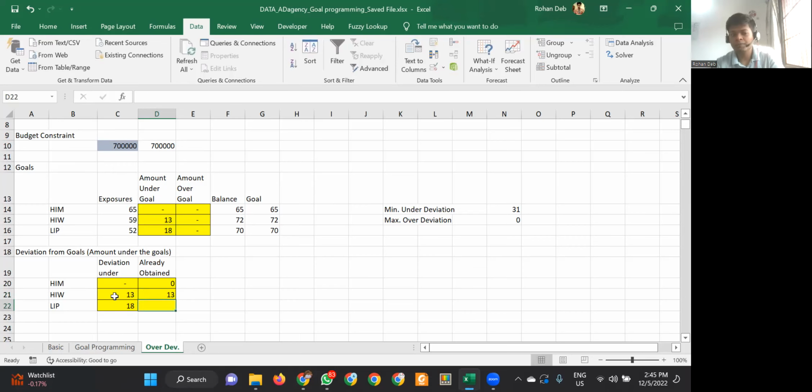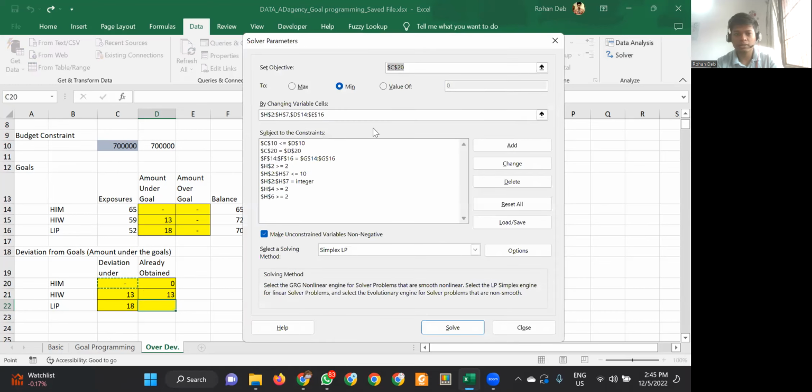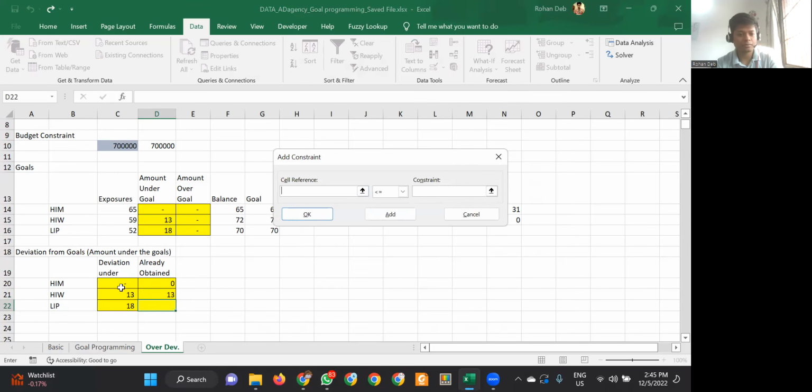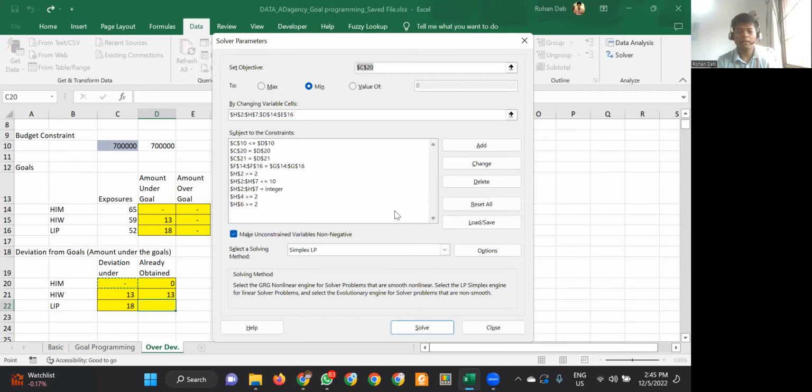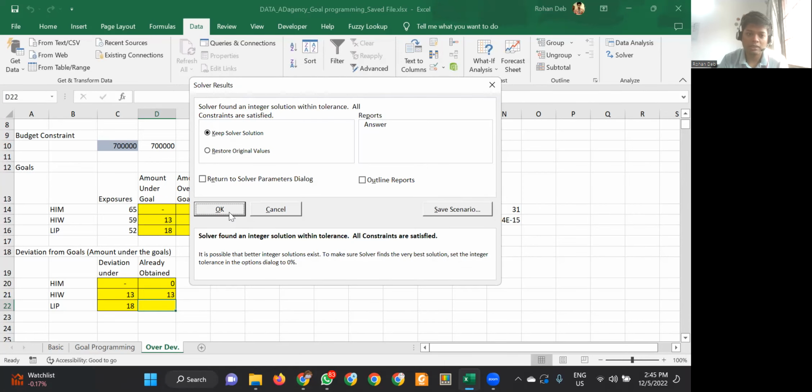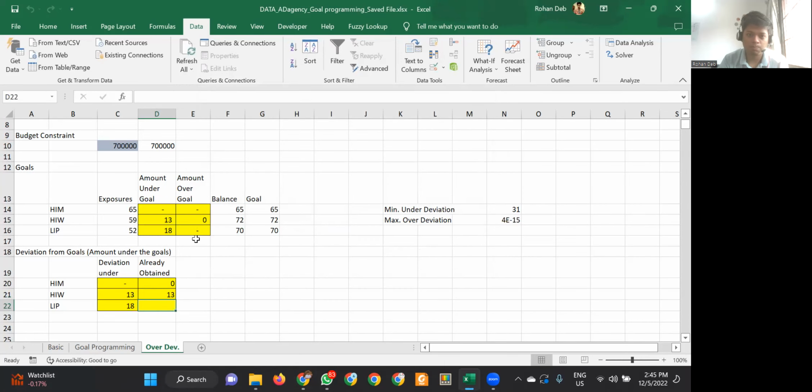Run Solver again. Again, what I'll do is click on add. So this 13 is equal to 13. Now you see that this is 18. Solve. Now once this solves, wait 1 second.